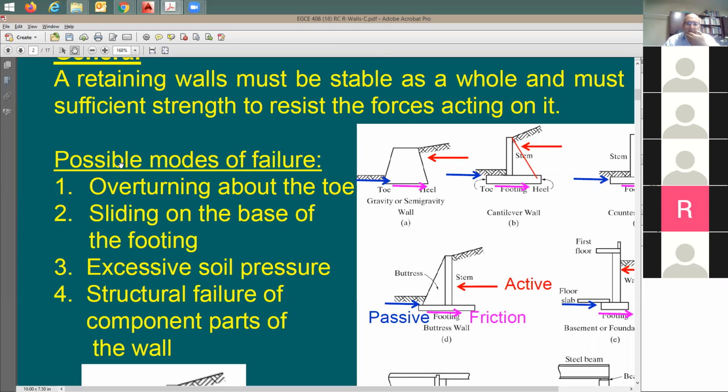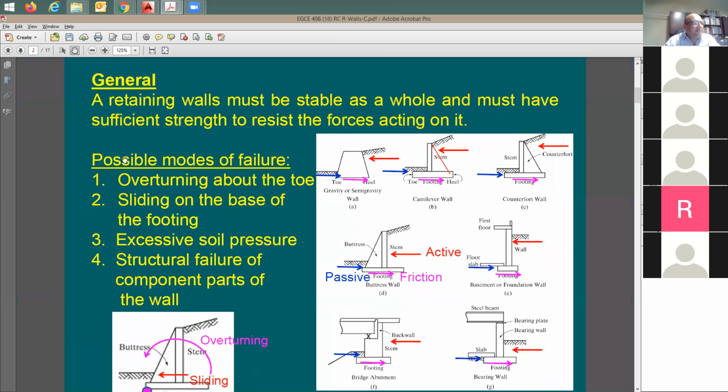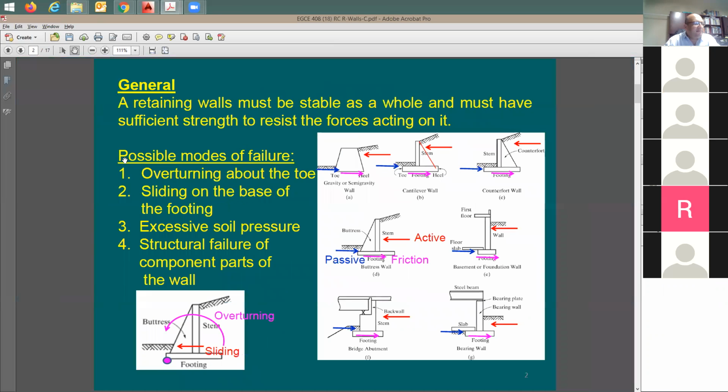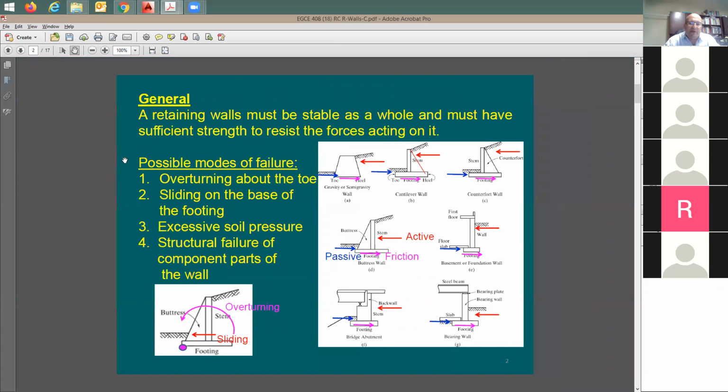No. Have you not taken lateral soil pressure? I don't think so. I'm just now taking that in foundations. But you have not taken it in soil mechanics, right? No, we didn't go over that in soil mechanics.